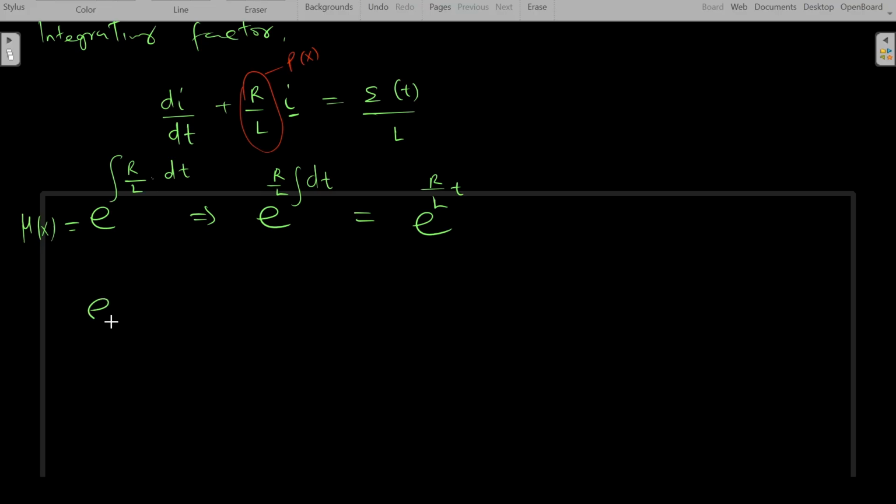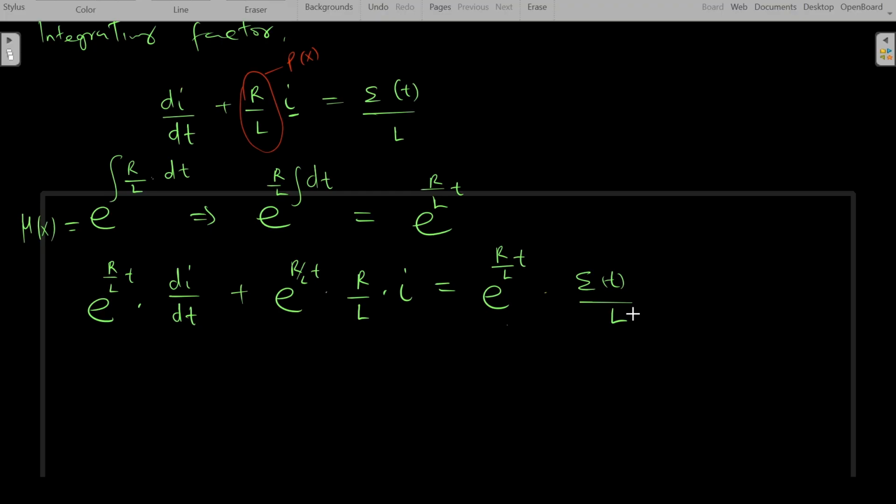The integrating factor is e raised to R all over L t multiplied by di upon dt, plus e raised to R all over L t multiplied by R all over L multiplied by I, should give me e raised to R all over L t multiplied by E divided by L.